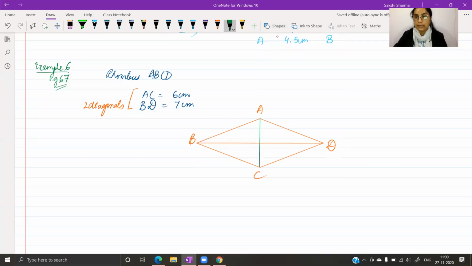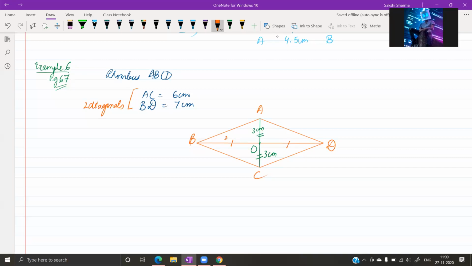So the vertical diagonal looks shorter. I'm going to mark the parts 3 centimeters. These 2 parts will be equal. And similarly for the horizontal diagonal, the 2 parts will be equal. These would be 3.5 centimeters and 3.5 centimeters. The point of intersection is O and we have a right angle here.